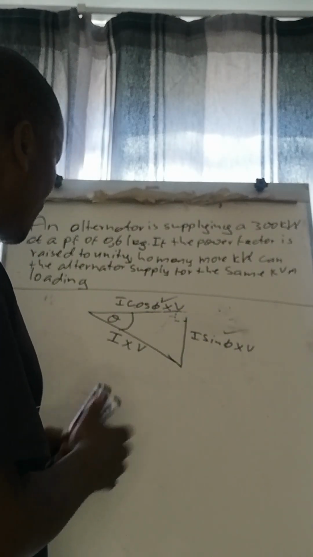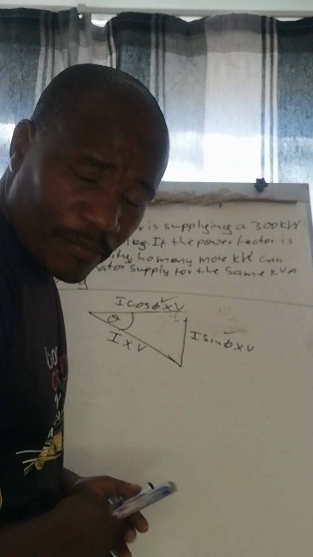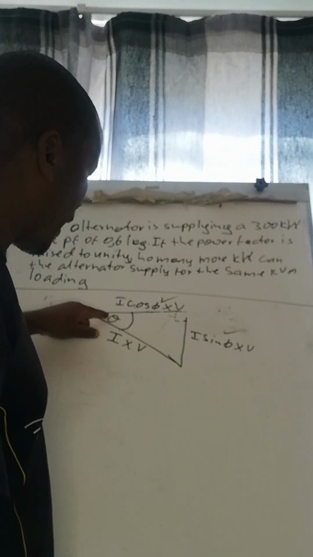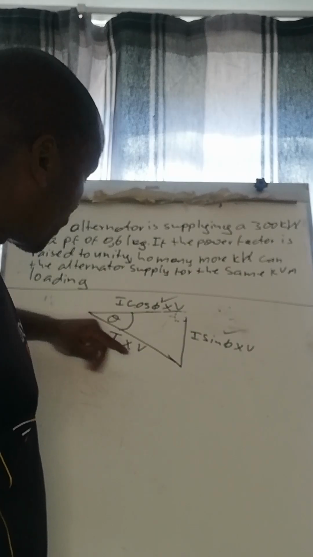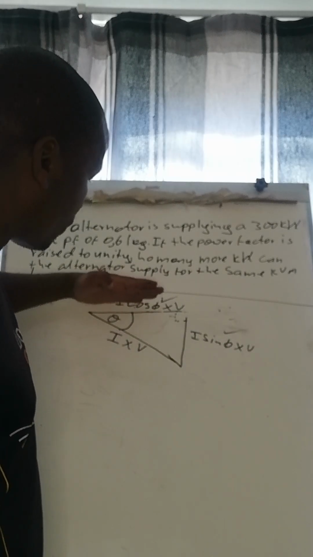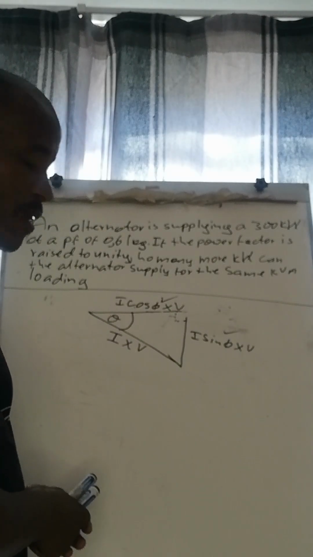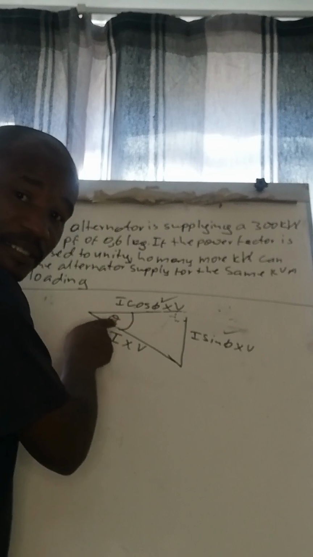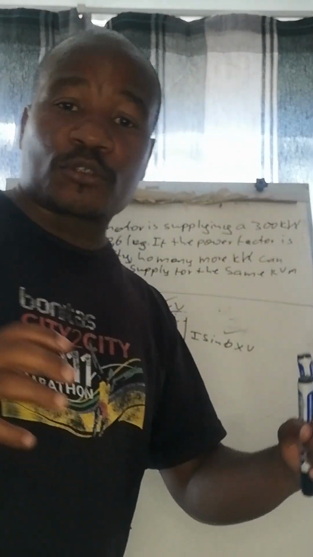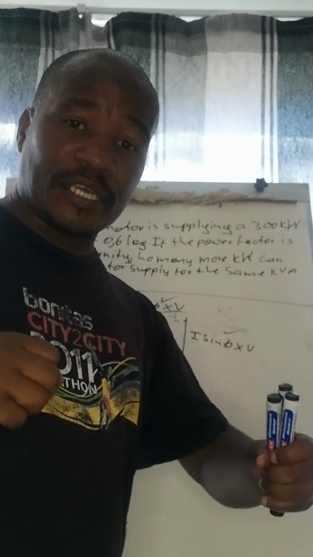That's what is meant by the power factor. It is the angle between voltage and current, or it is the ratio of this active power, or true power, to apparent power. And the smaller this angle becomes, the power factor becomes more, because the cosine of that small angle will become bigger.